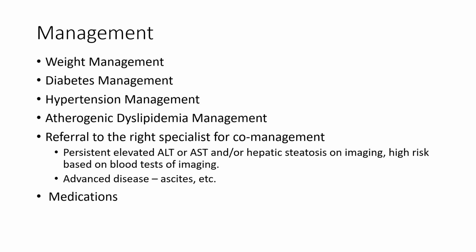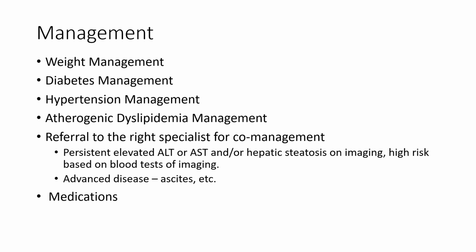If someone has persistently elevated ALT or AST or signs of hepatic steatosis seen on imaging, or they're high risk based on blood tests, we may want to send them to a hepatologist or someone who can give us a hand.